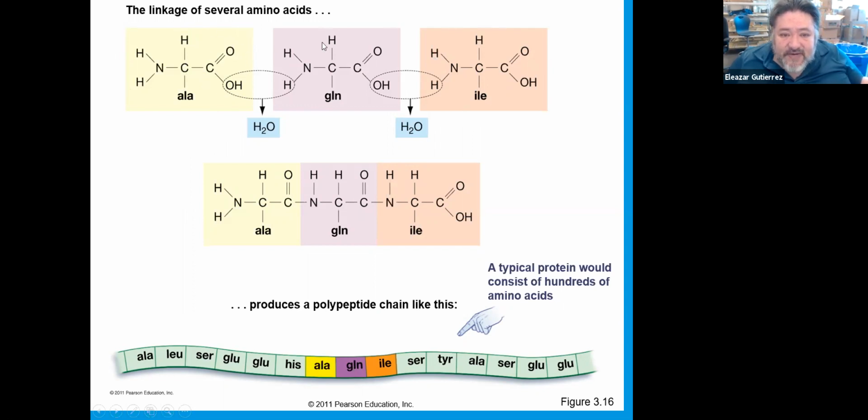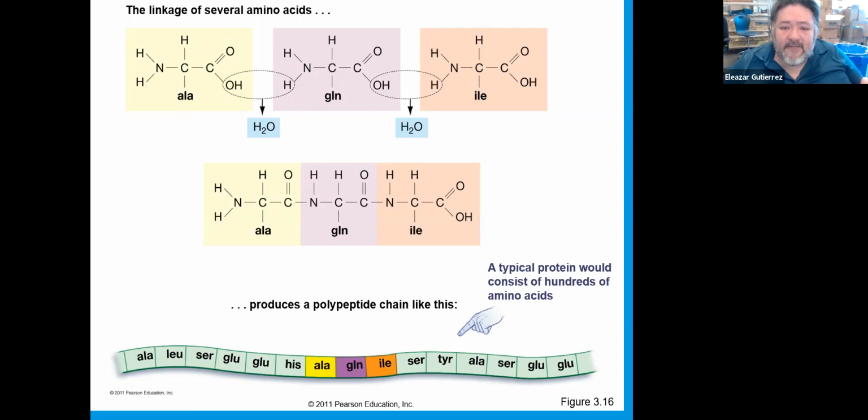We go to the next amino acid. We see that it has a central carbon, a hydrogen, an amino group, and a carboxyl group. Here's the third amino acid: central carbon, side hydrogen, amino group, and a carboxyl. So this is an amino acid. The only thing that changes is this side chain over here. And we have 20 different amino acids.